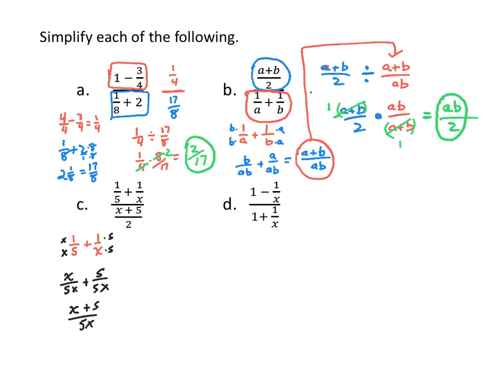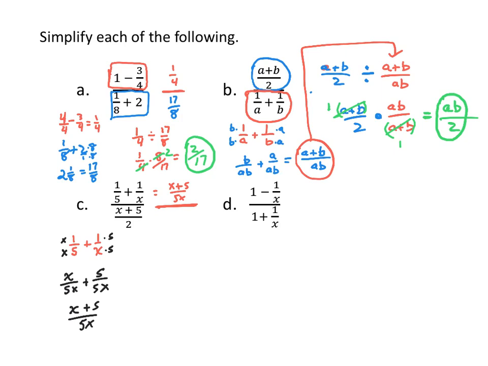So that's my numerator. x plus 5 over 5x. See, I'm trying to keep things straight. Don't write stuff all over the place and then forget where it goes.